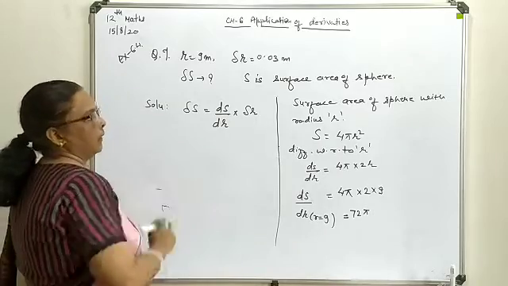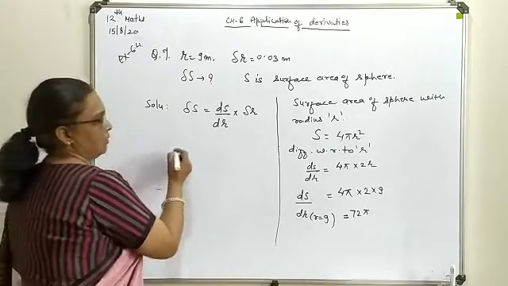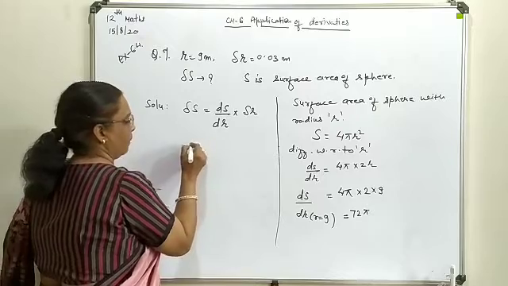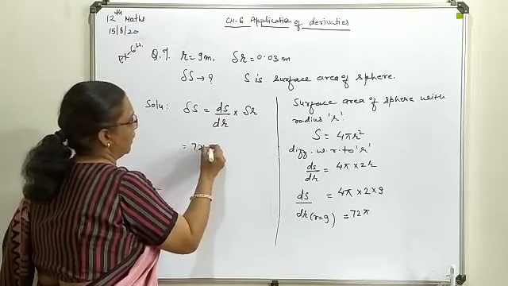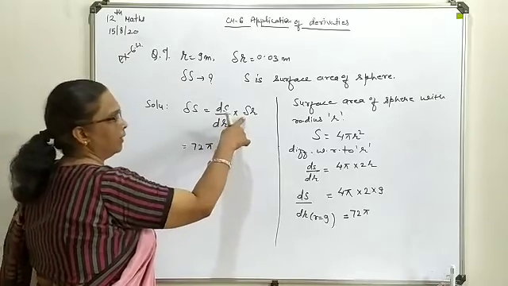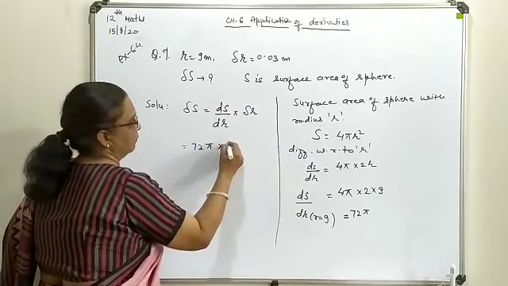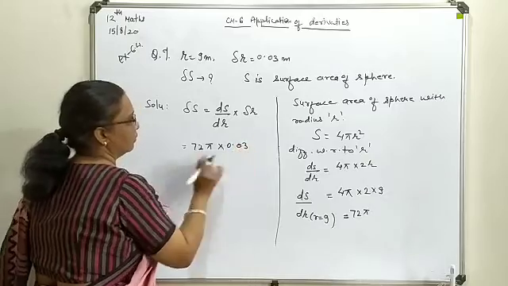Now come to the evaluation of the error in the surface area. It will be 72 pi into the error in the radius, which is 0.03.